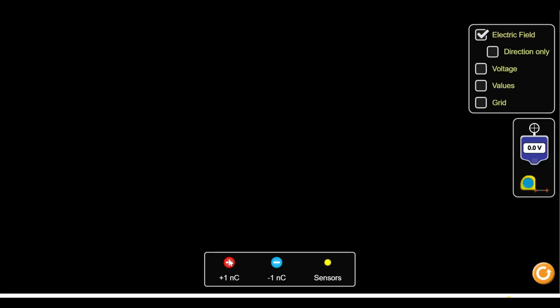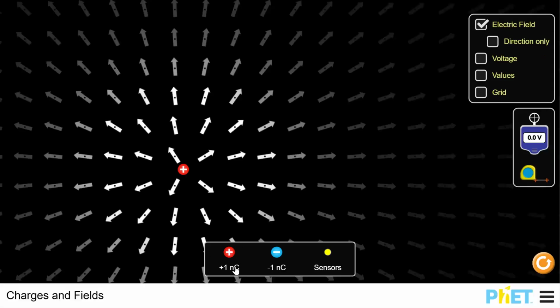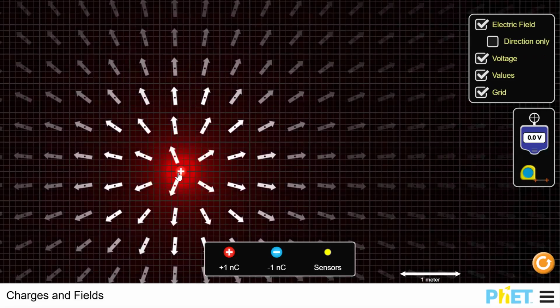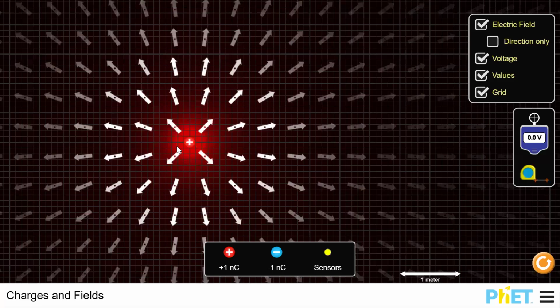So here you can see the charge, that is plus 1 nanocoulomb. NC means nanocoulomb. Correct? We can place it like that, and we can see the value of the potential and the electric field. For example, for this point, you can see the electric field is 37.8 volt per meter.